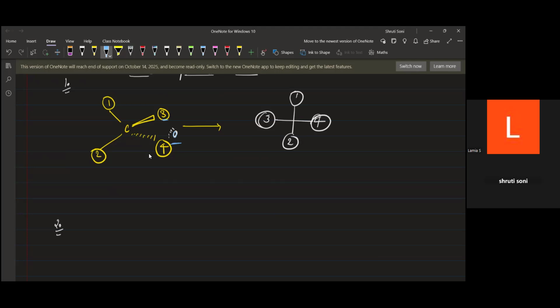You take 4 pens and put those 4 pens in the same manner as the first compound. Firstly, the carbon is in the middle, and you take 2 pens which are in the same plane. Take 2 pens and add their last part, and both pens are in the same plane.